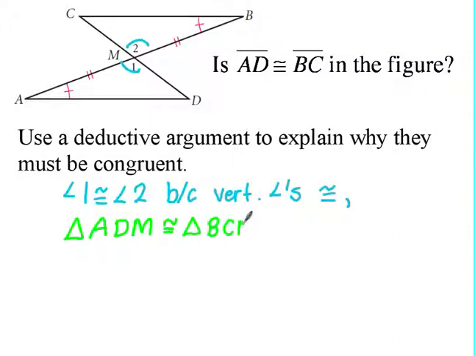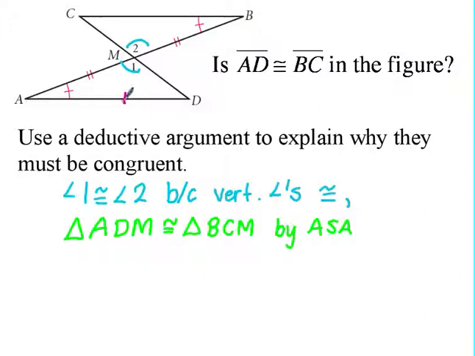C. And then M is the same as M. Why do I know that those 2 triangles are congruent? Angle, side, angle. So now if I know that the 2 triangles are congruent, that means that all the sides are the same.